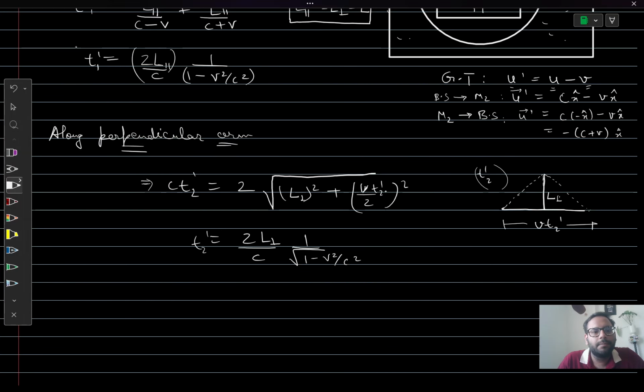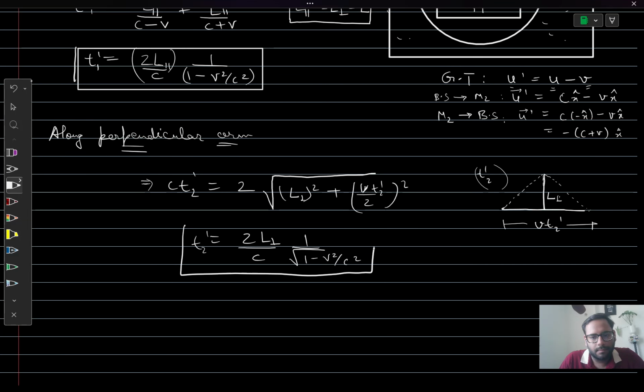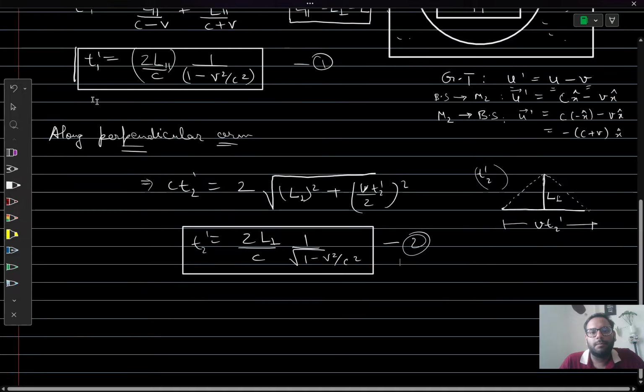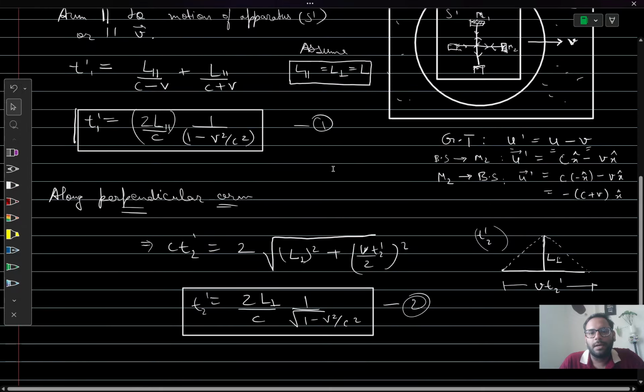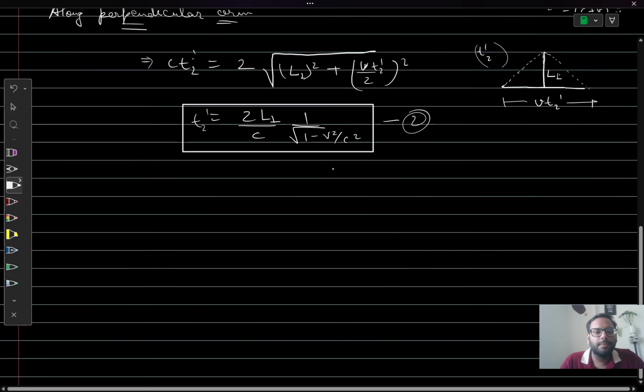These are my main two equations, and this is my other equation. Of course, we have assumed that both L parallel and L perpendicular are equal.